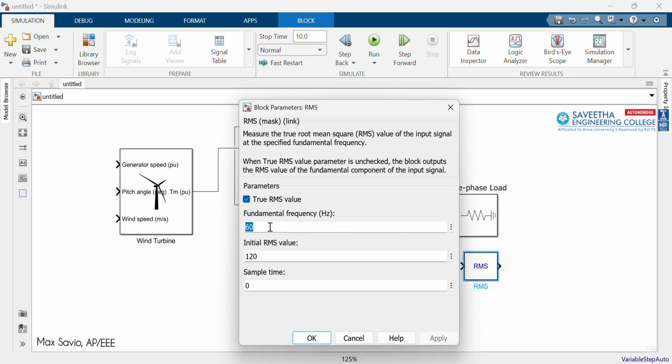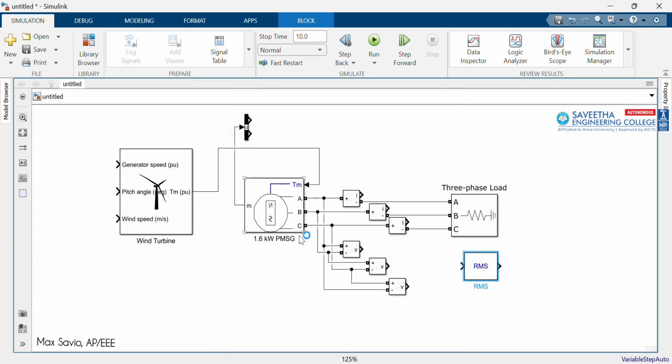We need to change it to 50 hertz. I connect to this, and I take another to measure the voltage.